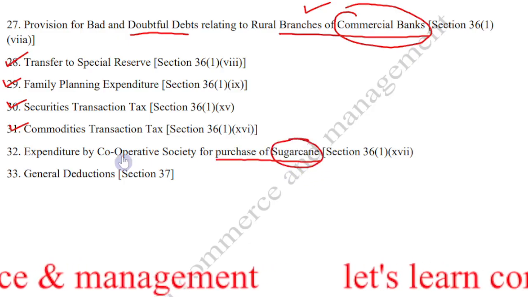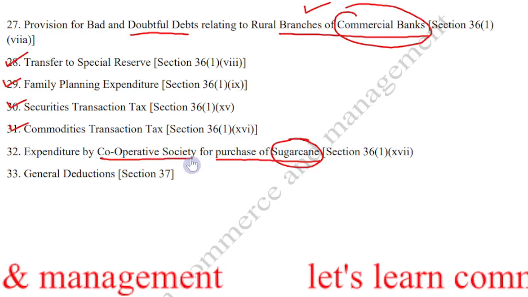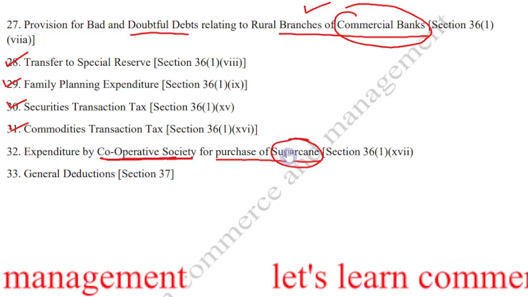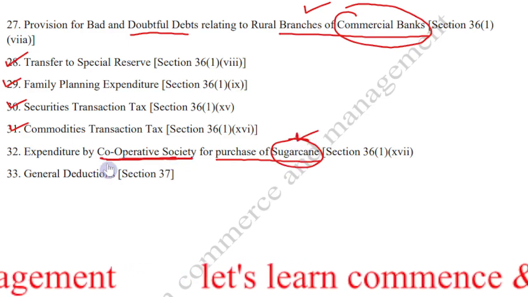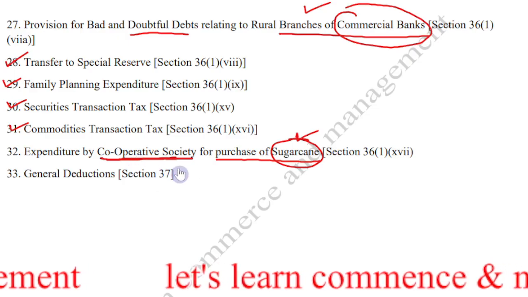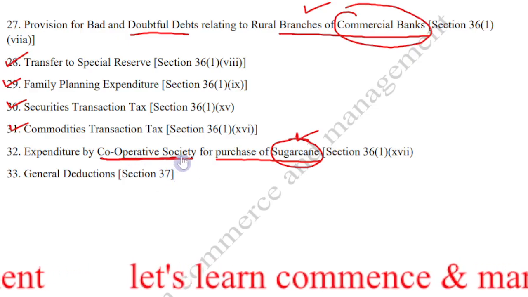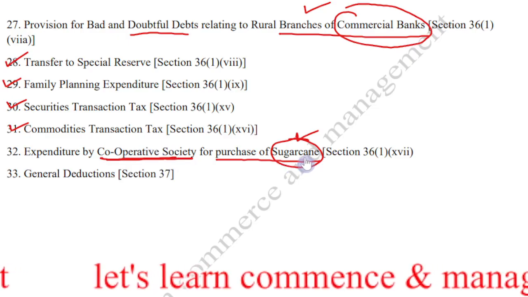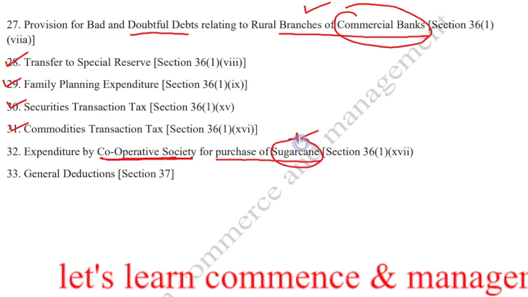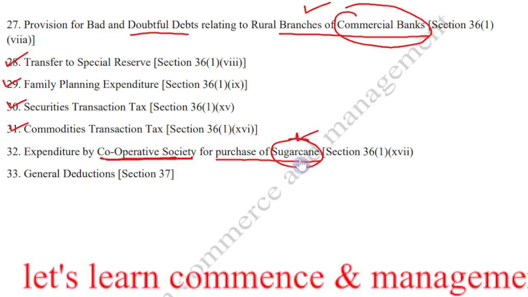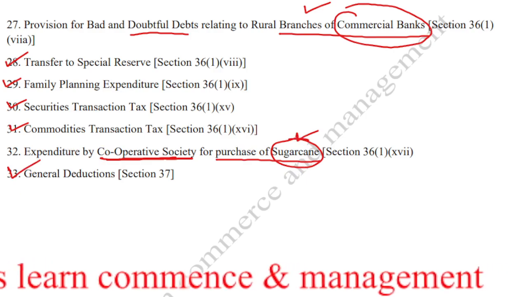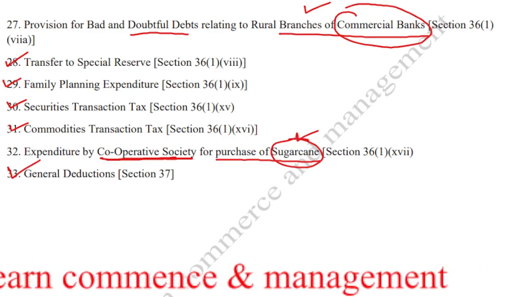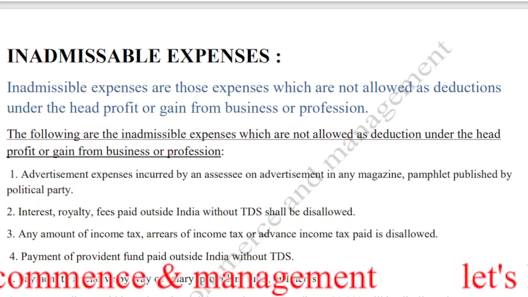Any expenditure made by cooperative societies towards the purchase of sugar cane is considered an admissible expenditure. Then general deductions. So these are the admissible expenditures under the head income from business or profession.